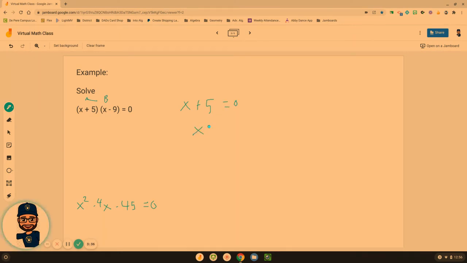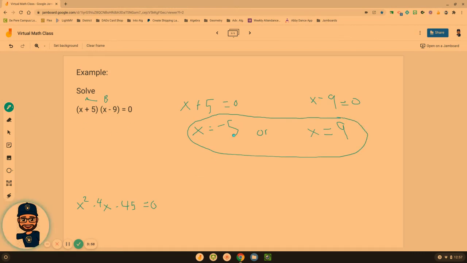So x could equal negative 5, or we solve the second one. x minus 9 equals 0, and we get x equals 9. So we will have two answers. x could equal negative 5 or x could equal 9 in this example.